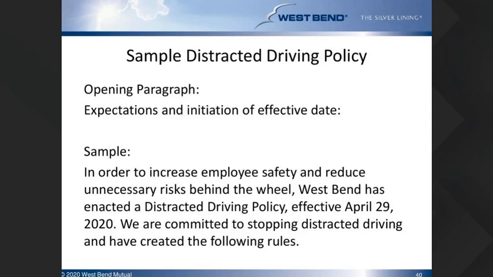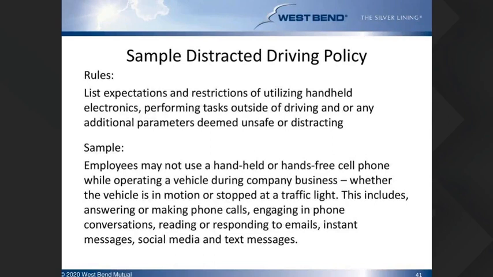In this situation, I used West Bend has enacted a distracted driving policy effective April 29, 2020. We are committed to stopping distracted driving and have created the following rules. That's when we can then lead into our rules as to what we want to accomplish within our expectations.